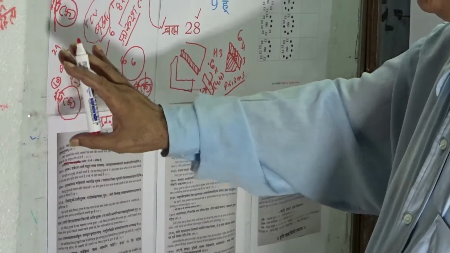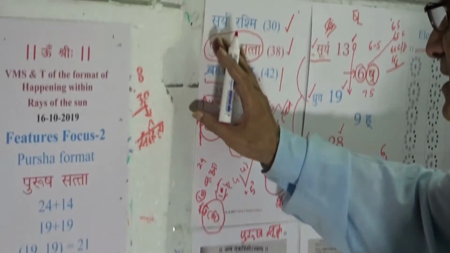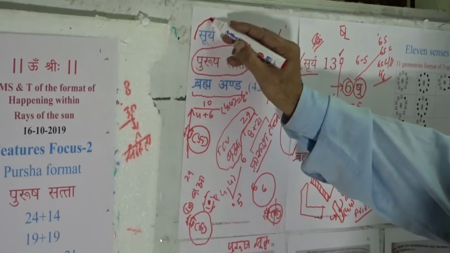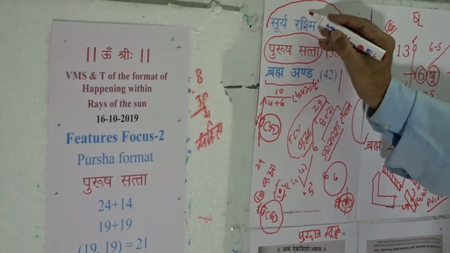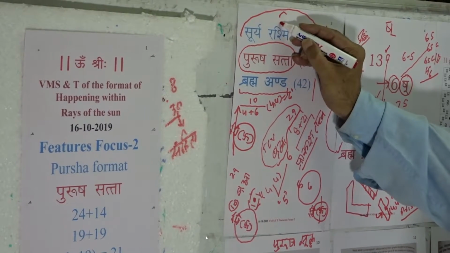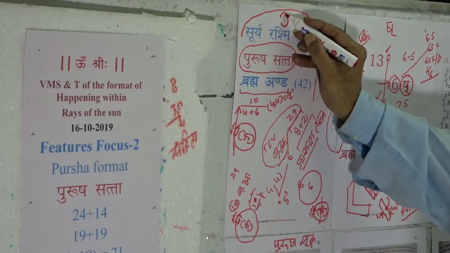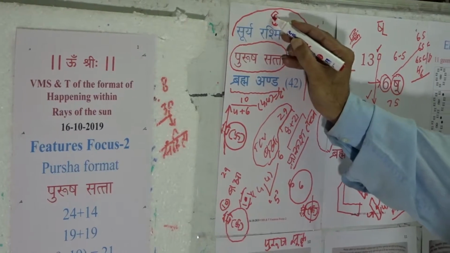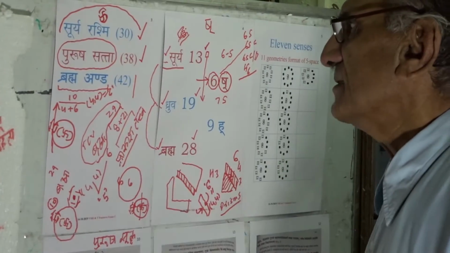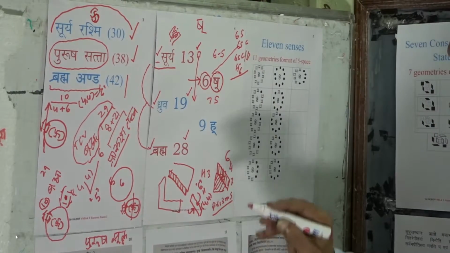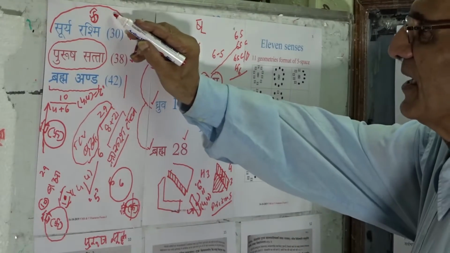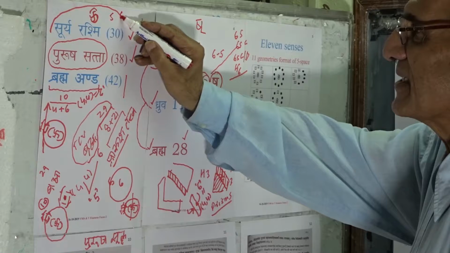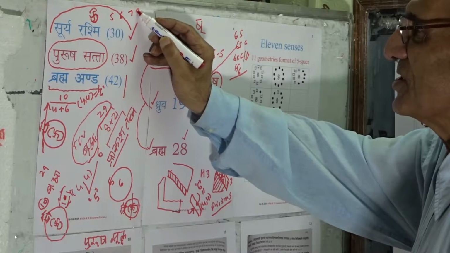So within the rays of the sun, Surya Rashmi, there is a transcendental cavity. Transcendental cavity means 5 space playing the role of an origin. Its placement as such will be giving us 5, 6, 7 and 8.